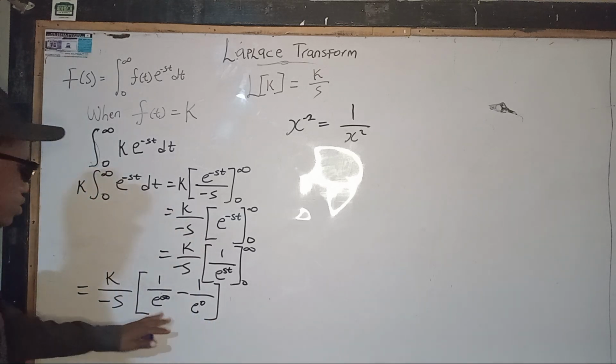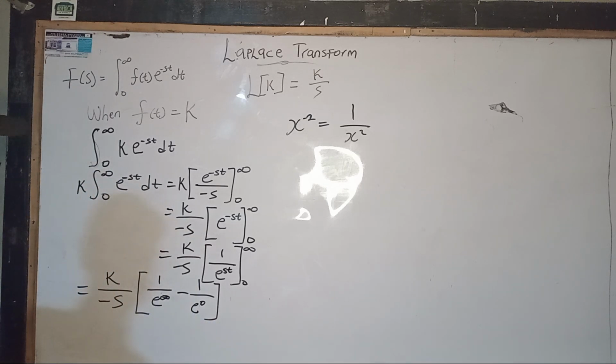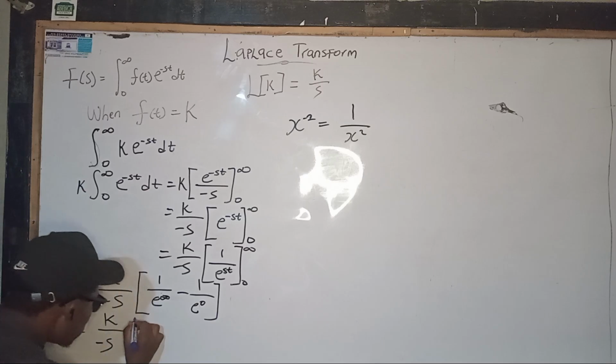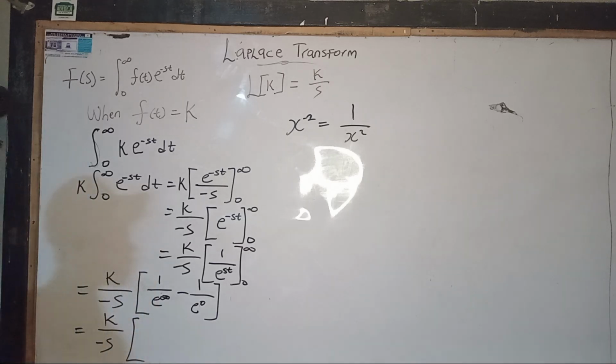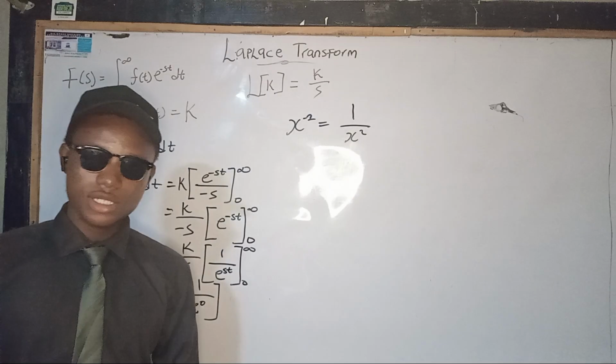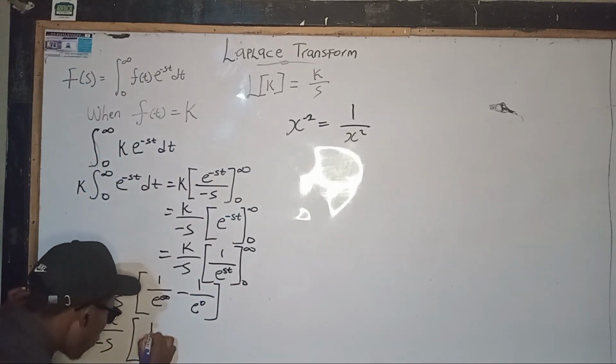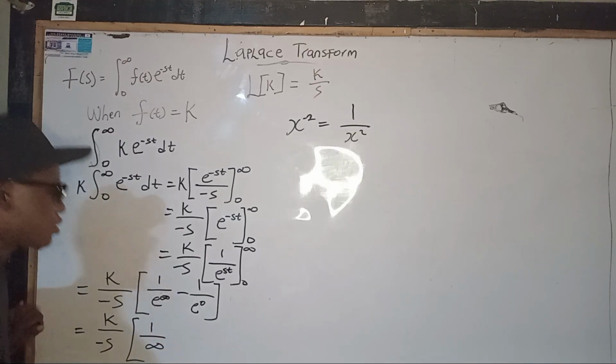Now we can simplify it a little bit. We have k over minus s, then in bracket, e raised to power infinity is equal to infinity, so we are going to have 1 divided by infinity.